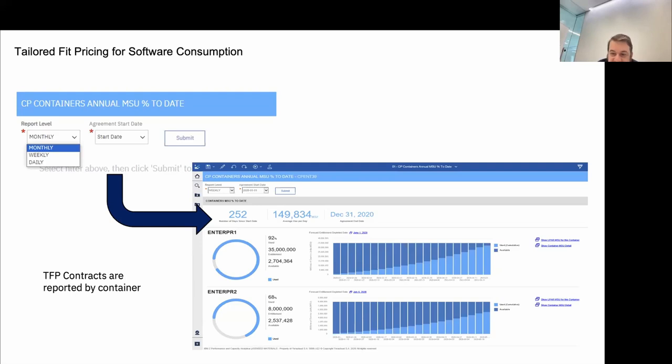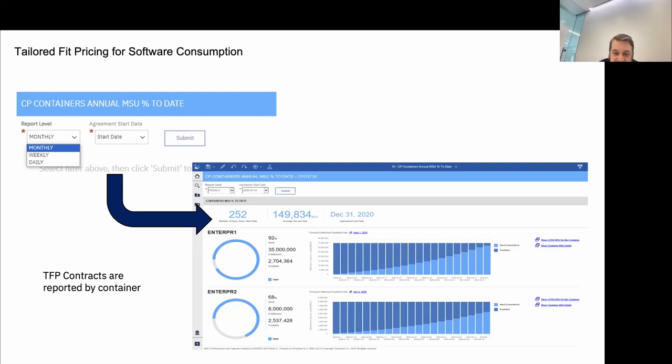And it's important to understand how it's being consumed, who is consuming it. Are you tracking towards where you expect to be in terms of consumption? Is there a change in consumption? Because all of this will ultimately impact the cost of running workloads on the platform.